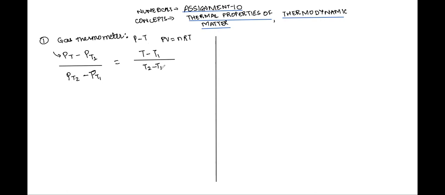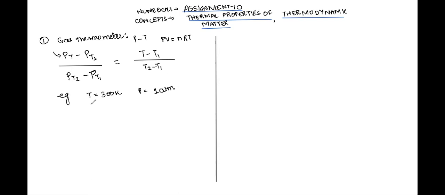right? So let's say we are given pressures, let's say at 300 Kelvin, the pressure is given as, we can decide the units according to our convenience, let's say 1 atm.